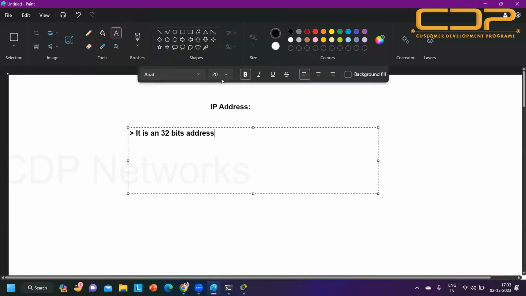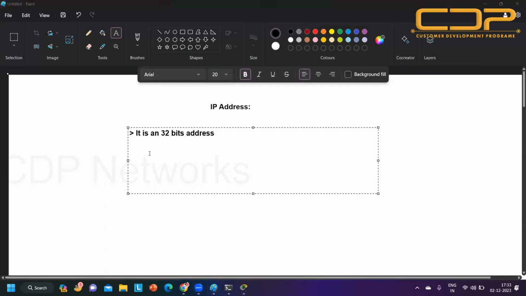Guys, how do we represent an IP address? Let me know in the chat how we represent an IP address. Like we represent a MAC address in hexadecimal. How do we represent an IP address? We represent an IP address in dotted decimal.